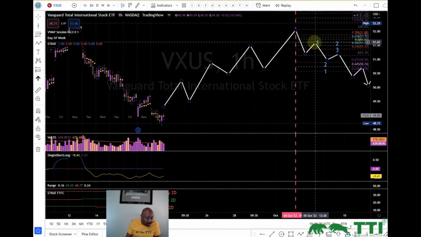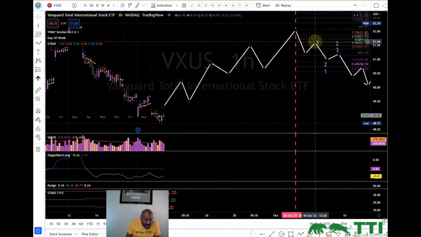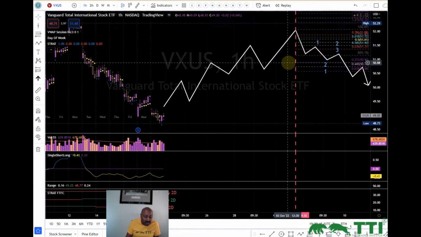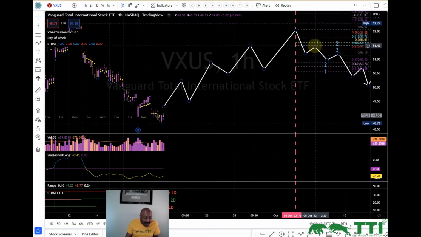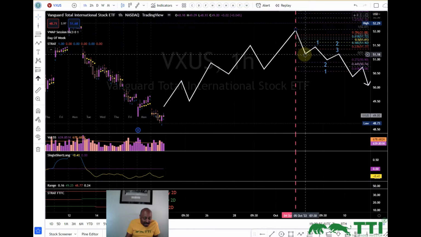Because if it fails to make a new high, it's below the side, failed to make that new high and it's going down, and let's just say this has not cleared the 38, then going back to the redrawing, it failed to make a new high and then it makes a low again.